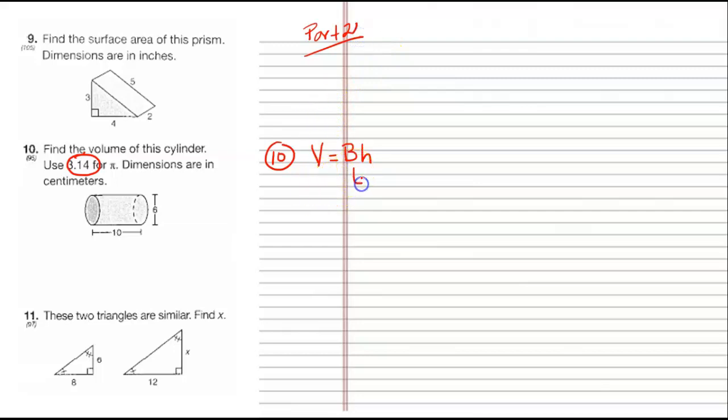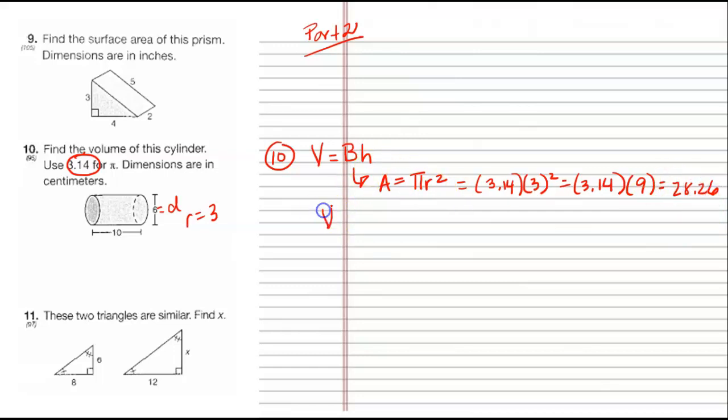This is the area of the base, which is a circle, so that's pi r squared. This is the diameter, so I know that r is 3. Plug in what we know. 3 times 3 is 9, which is 28.26.